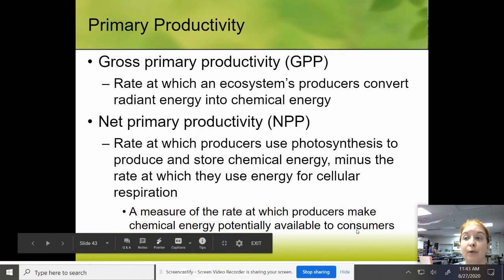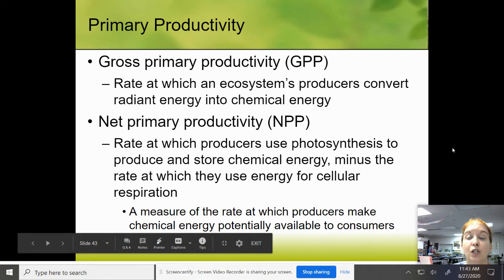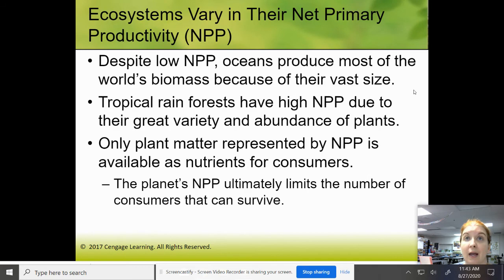It measures the rate at which producers make chemical energy potentially available to consumers. So when you are looking at the net primary productivity of an area, you would ask, what is available to that next level? Ecosystems very much vary in their net primary productivity. Despite having a very low net primary productivity, the oceans take up such a large part of this planet that they produce most of the world's biomass. It may not seem like it, but the oceans make most of our biomass just because there's so much ocean out there.